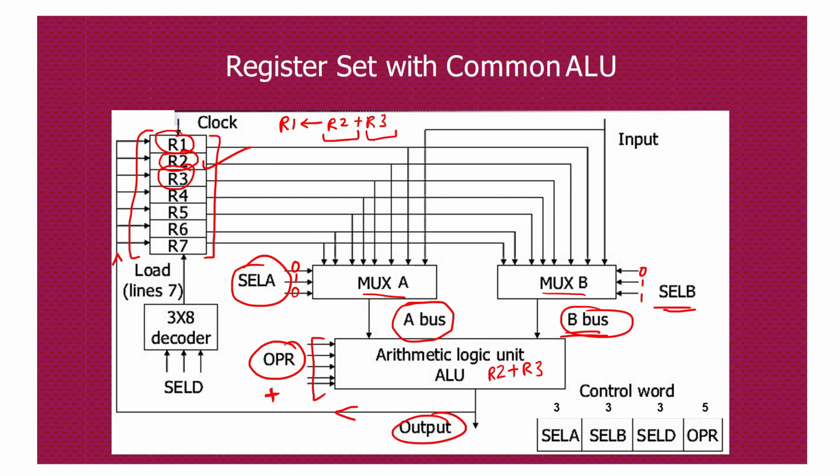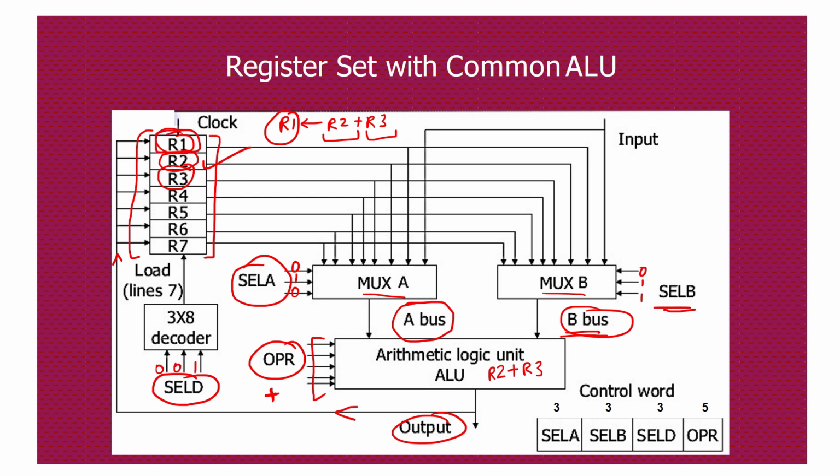Now I want to send the result into R1. So R1 will be selected using the selection line D decoder, and the value will be 001. When selection line D has the value 001, the result will be passed into R1 and the work will be done.